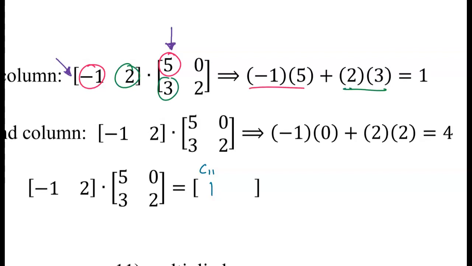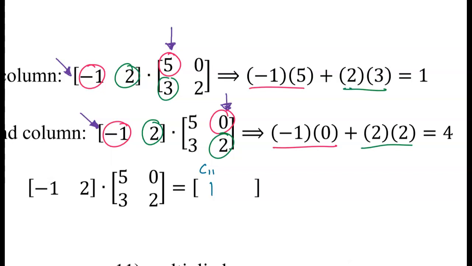There we go. Okay, so now I'm multiplying my row times my second column. So I have -1 times 0. Then I add that to the second entry in my first row times the second entry in my second column, 2 times 2. And then I add those together. -1 times 0 is 0, plus 2 times 2 is 4. 0 plus 4 is 4.